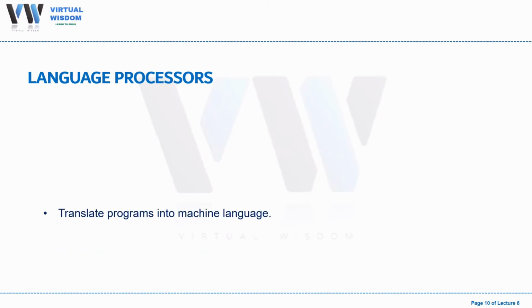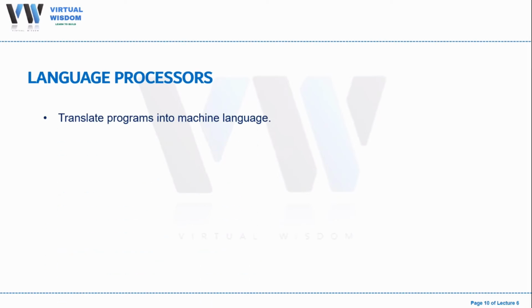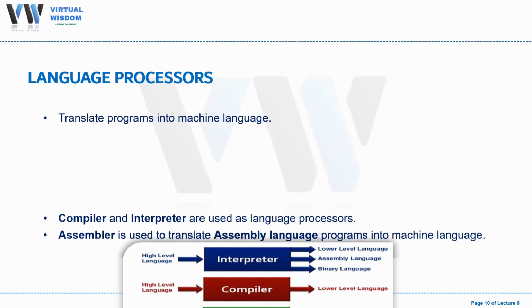So, the main function of language processors is to convert low-level languages into high-level languages so that computer can understand the user instruction to perform the specific task. Alright. So the two important language processors are compiler and interpreter.